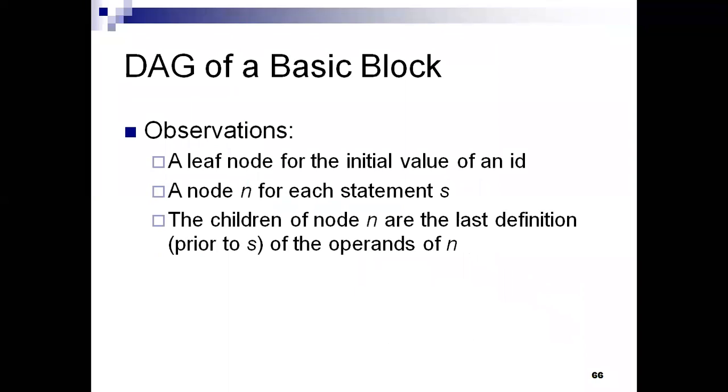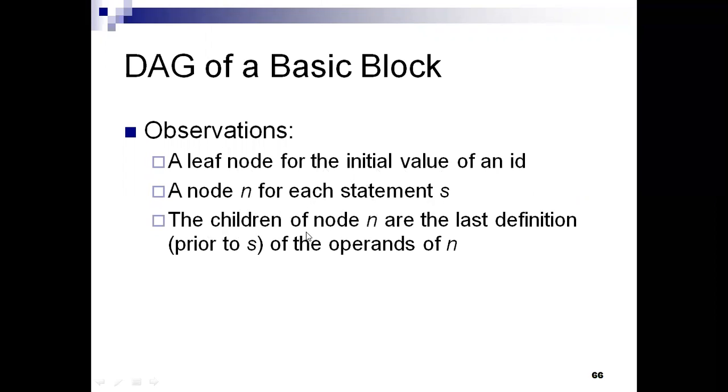Is it clear? After construction of this DAG on the basic blocks, what are the observations that we made here? A leaf node for the initial value of an ID. Leaves should be IDs or variables or constants, whatever it may be. A node n for each statement s, where s is a line statement. So we need to construct a node n for each statement.